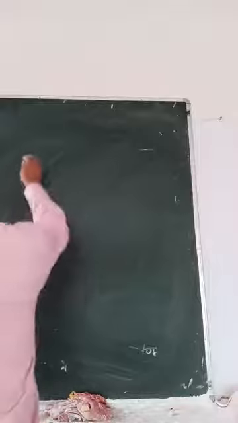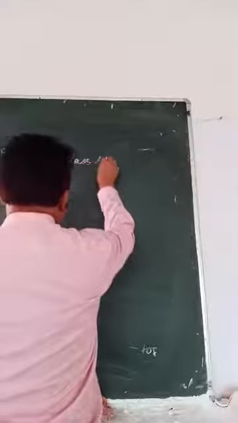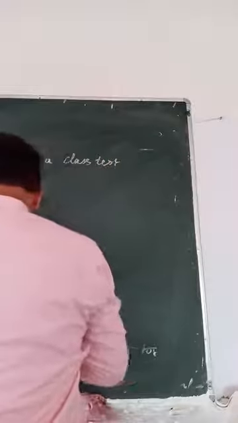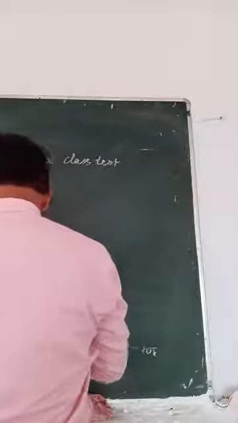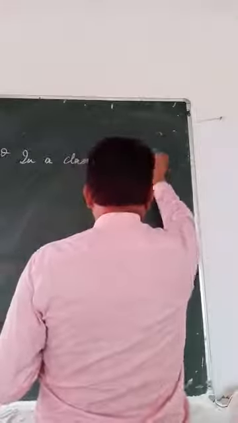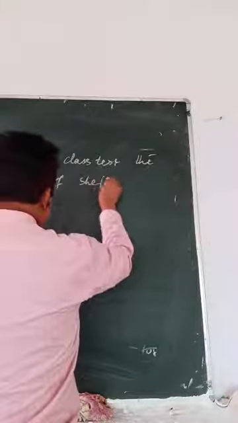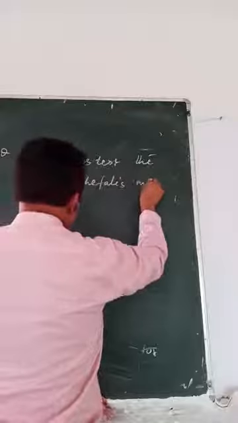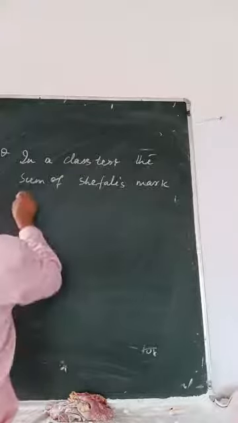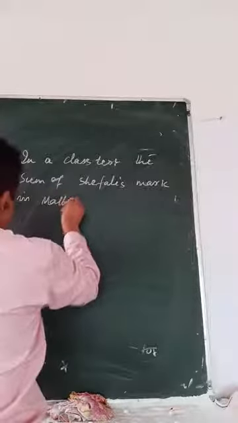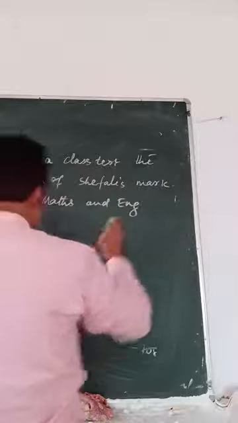In a class test, the sum of Cephalus' marks in mathematics and English is 30.